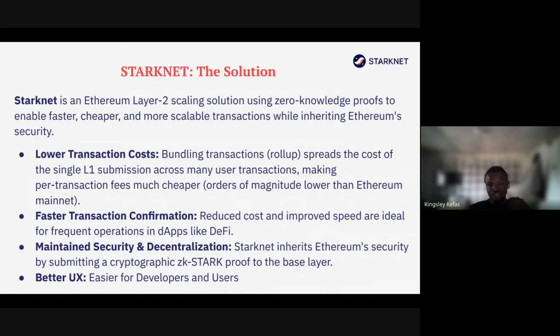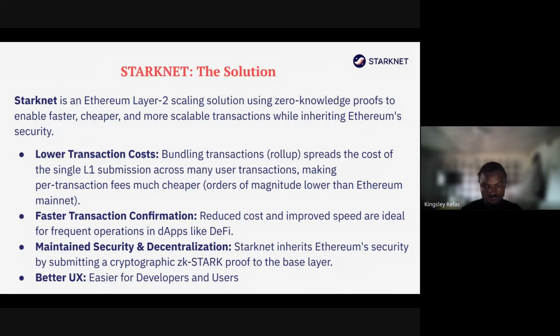Now, Starknet saw this as a problem, and they came up with a way of making sure that transactions are processed faster, thereby reducing your gas fee and all that, right? So they built Starknet on top of Ethereum. And that's why Starknet is a layer 2 scaling solution built on Ethereum.